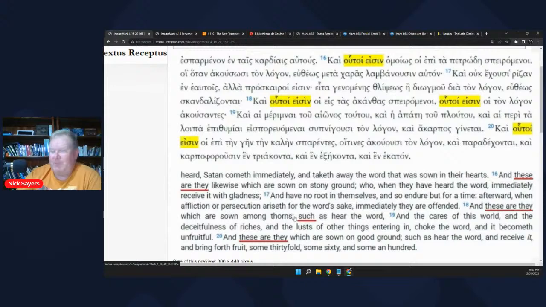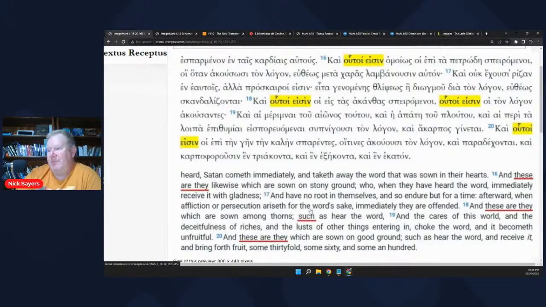You could almost put a full stop there. "Such as hear the word, and the cares of the world, and the deceitfulness of riches, and the lust of other things entering in, choke the word, and it becometh unfruitful." And then it's again, "and these are they which are sown on good ground." So then it's pointing forward to these other things.